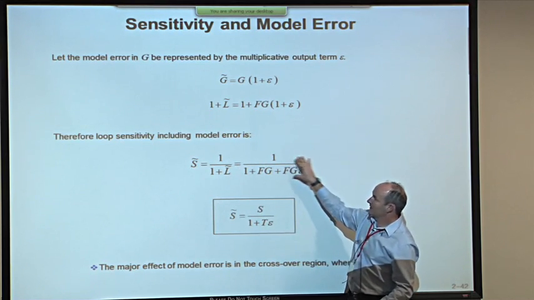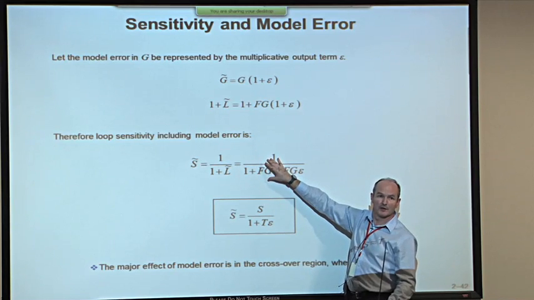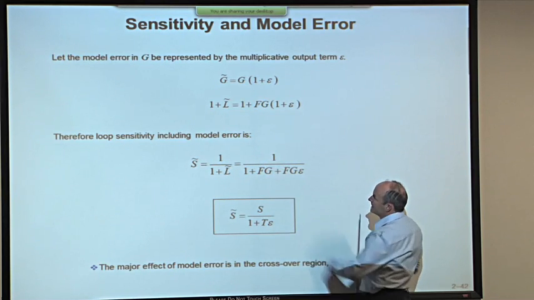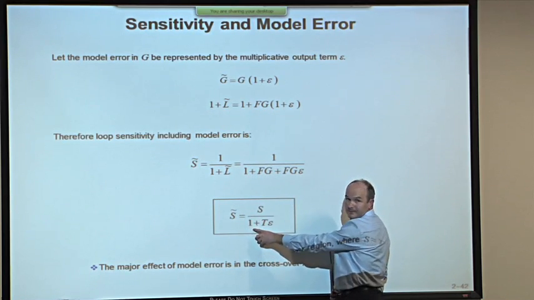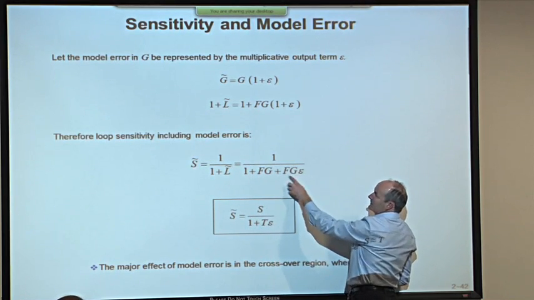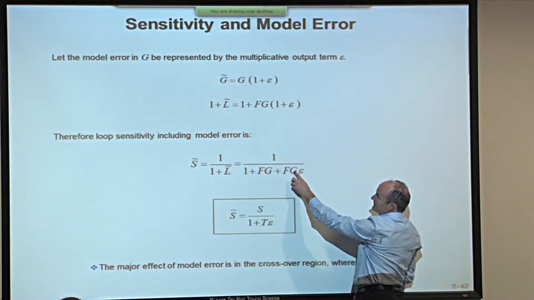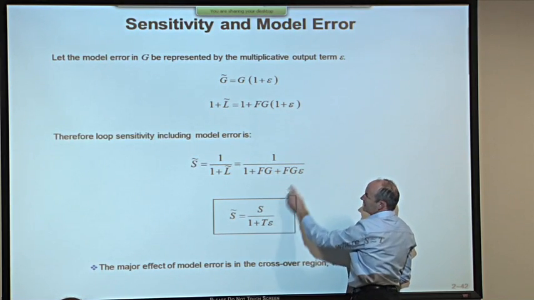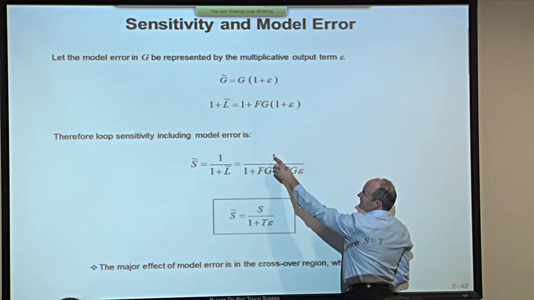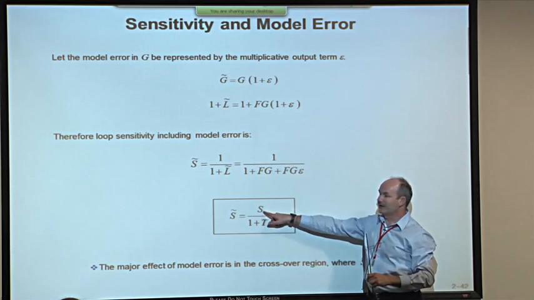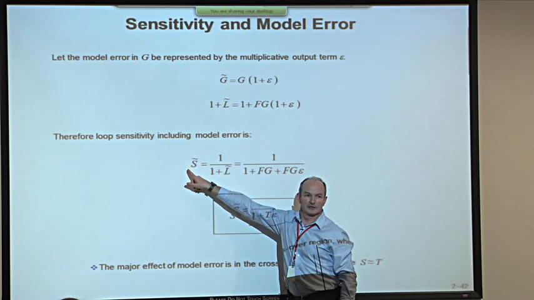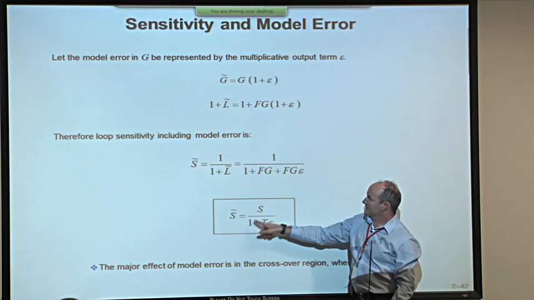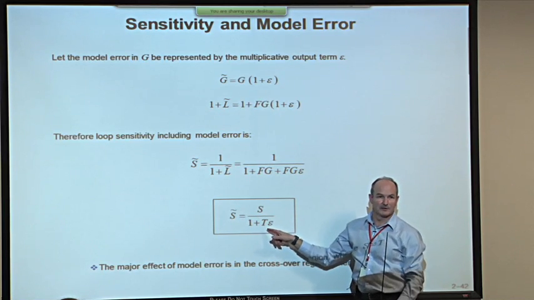Now, if we divide this, top and bottom, by 1 plus fg, that term there divided by 1 plus fg is going to become 1. This term here divided by 1 plus fg, well, it's fg over 1 plus fg, that's t, times epsilon. And this divided by 1 plus fg is just going to be s. So can you see now that this sensitivity function incorporating the plant model error is equal to s divided by 1 plus t times epsilon.